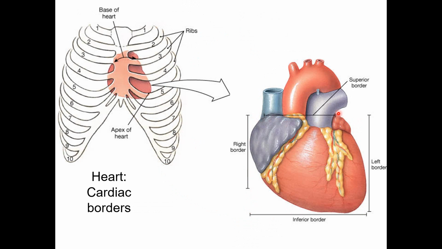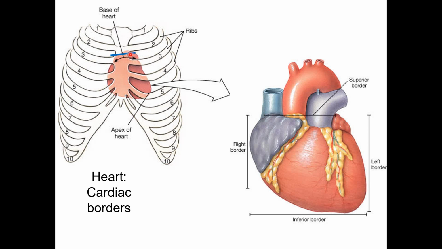For the cardiac borders, we have superior, right, inferior and left. The superior border of the heart begins from the left second intercostal space to the right second intercostal space. But you notice it is slightly inclined towards the right, higher on the left than on the right, and it does not extend more than a finger breadth or 1 to 2 centimeters from the edge of the sternum.